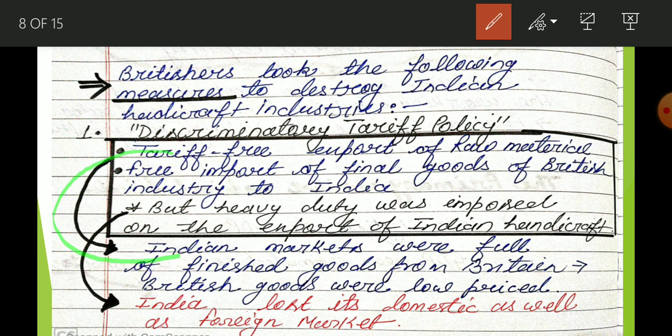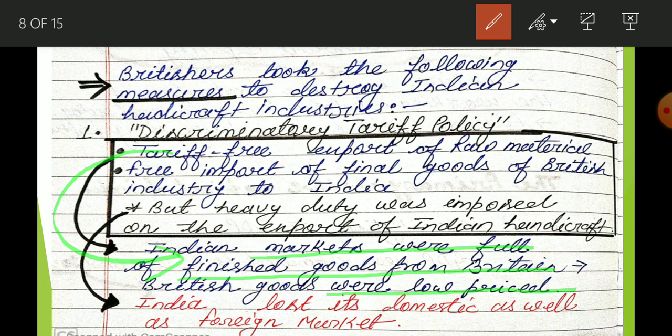So its result is that Indian markets were full of finished goods from Britain. Why? Because they are low priced. Why? Because they don't have to pay any tax when they come with their finished goods. Because there is no tax, there is no increase in the price of finished goods.